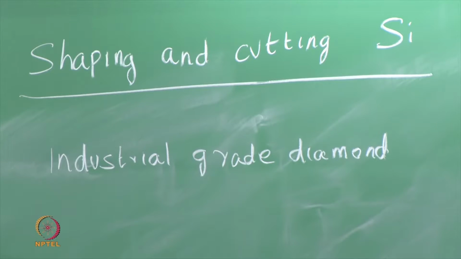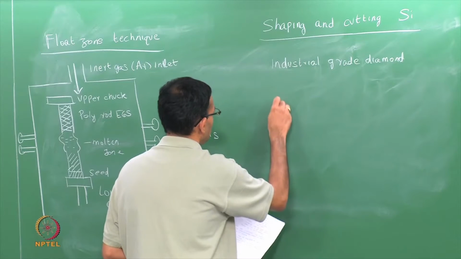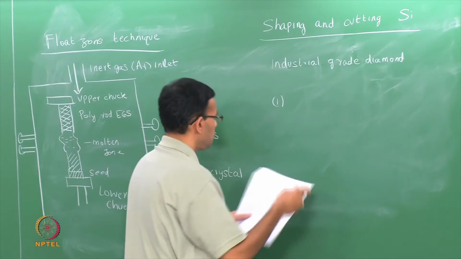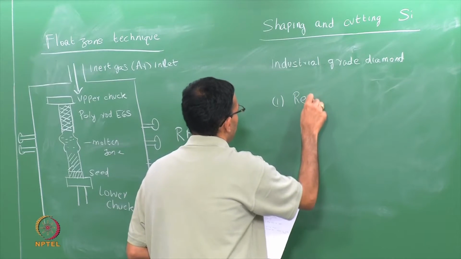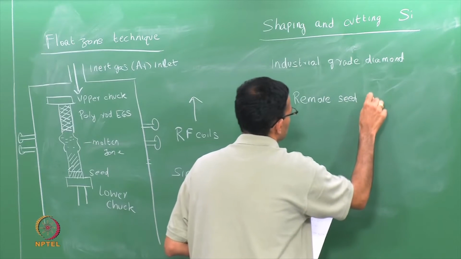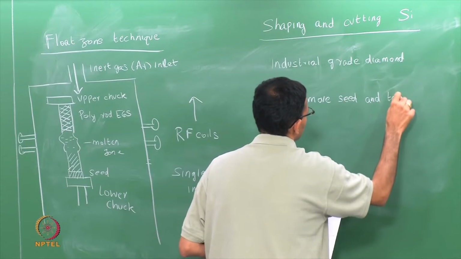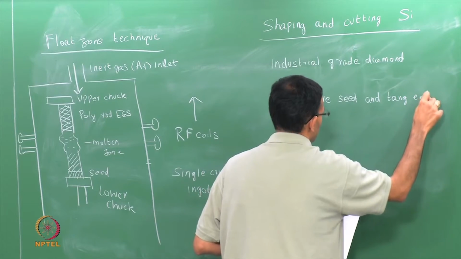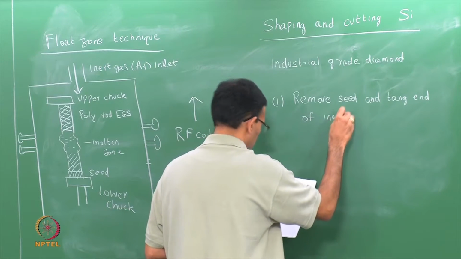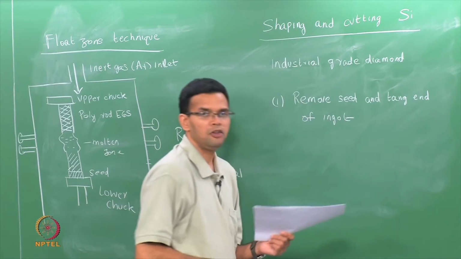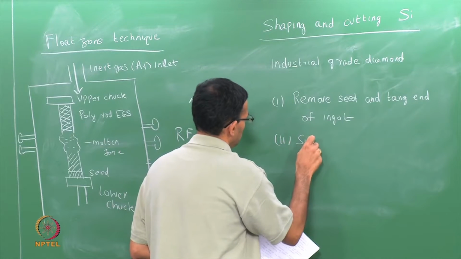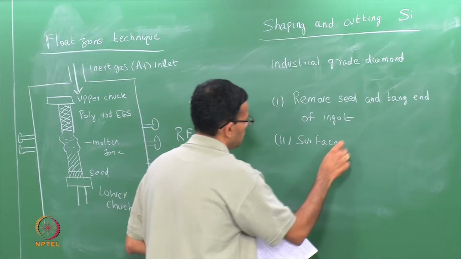So, the first step in the shaping operation is to remove the seed end and also the tang end from the ingot. So, you remove both ends of the ingot. And then you do a surface grinding operation in order to increase the smoothness of the surface.